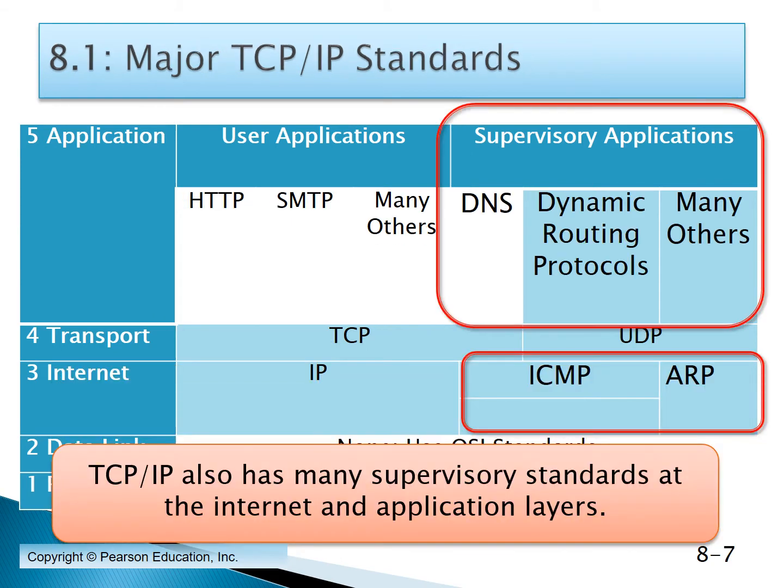And there are also supervisory applications like DNS, the domain name service that we talked about in earlier chapters. Also, we have dynamic routing protocols and many other protocols that help the operations of the internet. And ICMP and ARP are also supervisory standards.